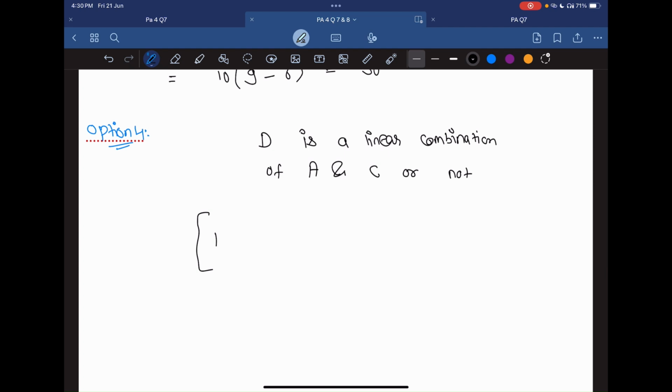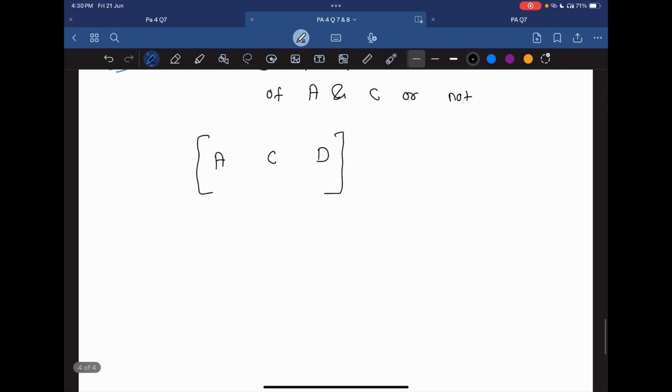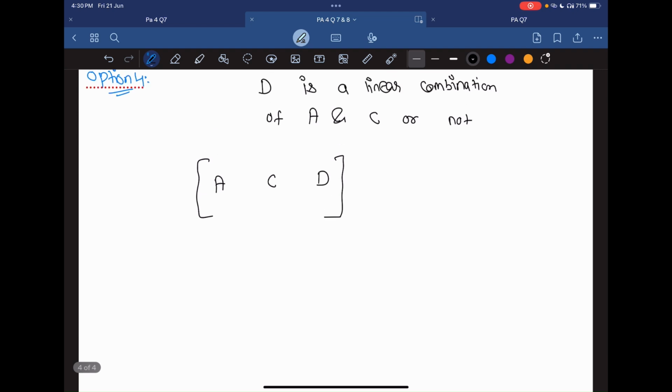So again we will form the matrix with vector A, C and D and check its determinant. If it's non-zero, that means the vectors are linearly independent, so they cannot form linear combination of one another. If it is zero, then in that case.